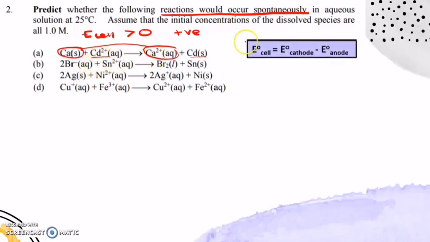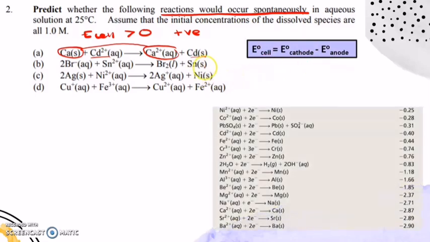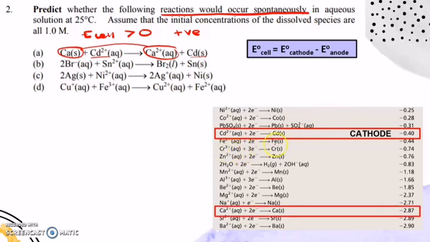So, by applying the formula E naught cell equals E naught cathode minus E naught anode, and by referring to the standard reduction potential table, we have the values of E naught at the cathode and at the anode.